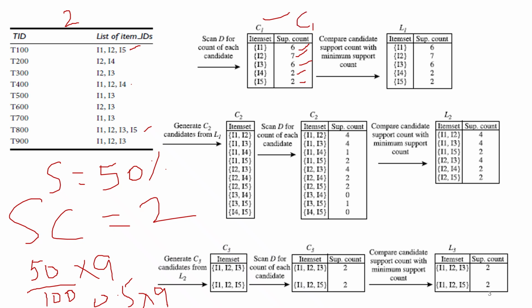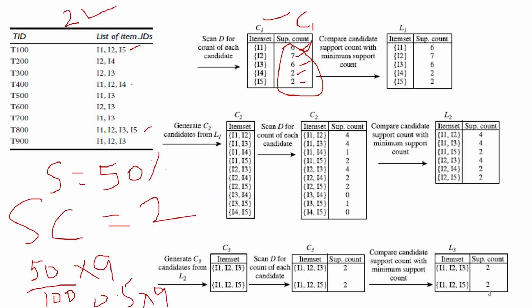Now I'm comparing the candidate support count. This is considered to be the support count. Now I'm comparing the candidate support count with the minimum support count. As I told you already, 2 is my minimum support count. So I1 is 6, it is satisfying, it is greater than the support count. Then I2, which is also equal to or greater than the support count.